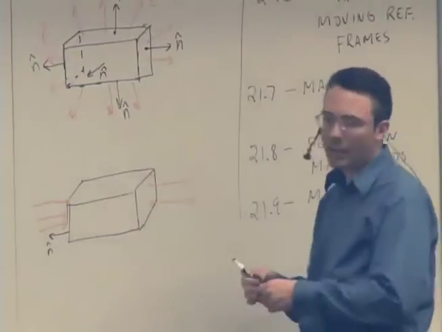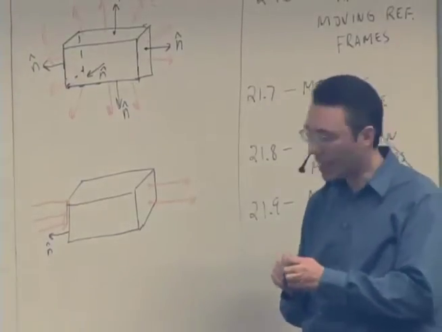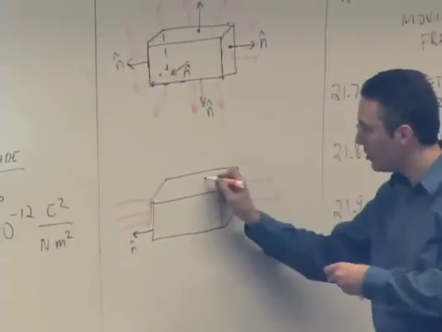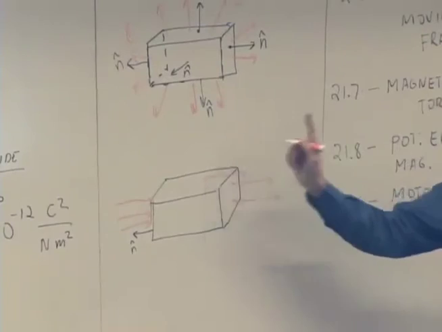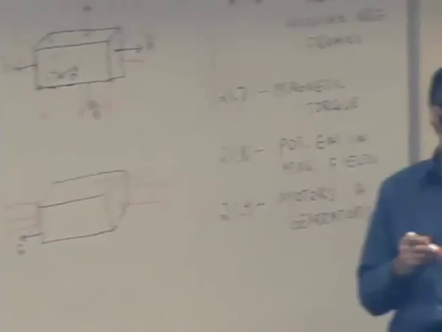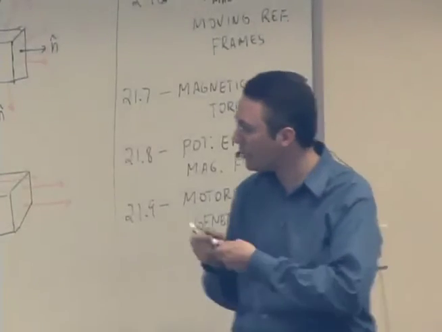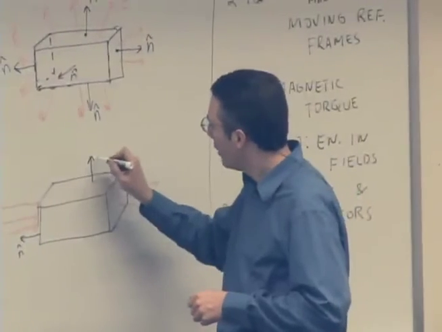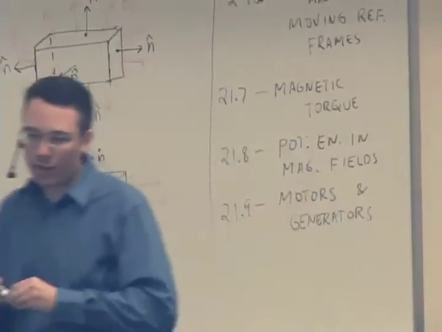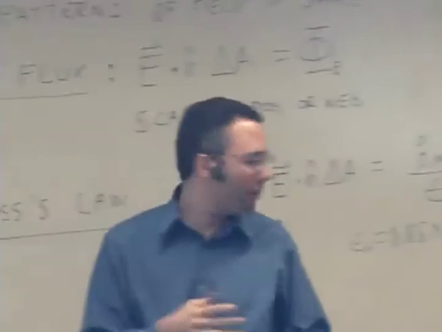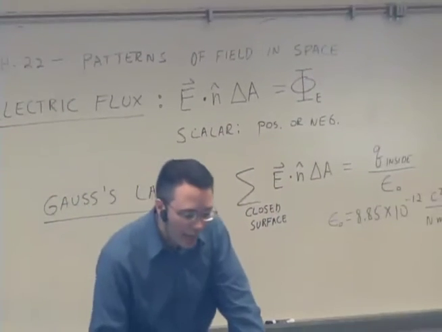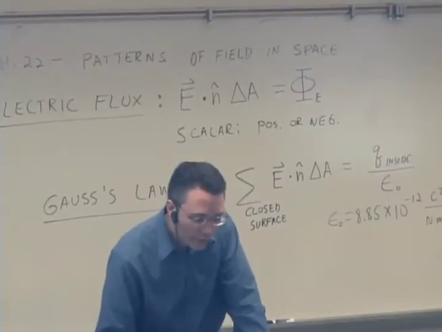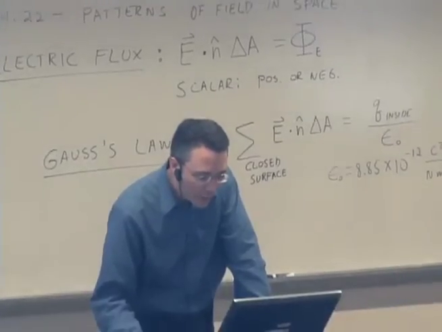What was the flux on the top? Flux on the top was 0 because what was the angle between the electric field and n hat on the top? It would be cosine 90, right, which gives you 0. Okay? So we see how this works. And this summation of all these fluxes over the surface is going to give us some idea of what charge is inside. Let's see if we can try a quick example.